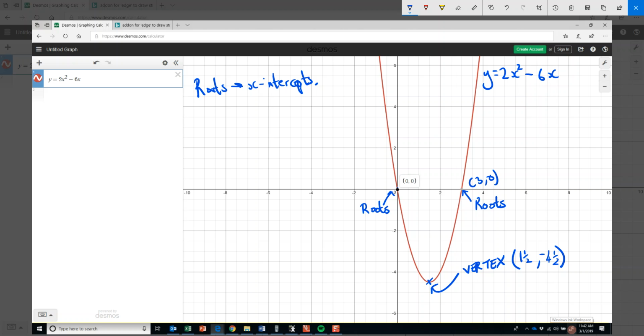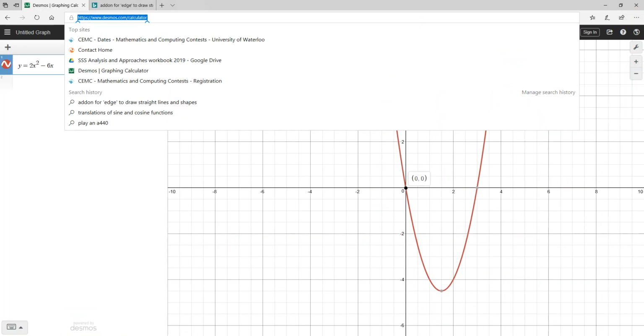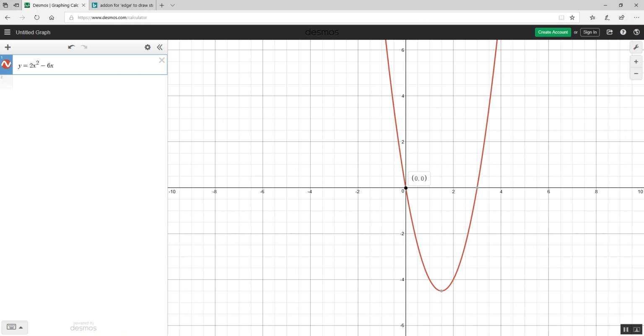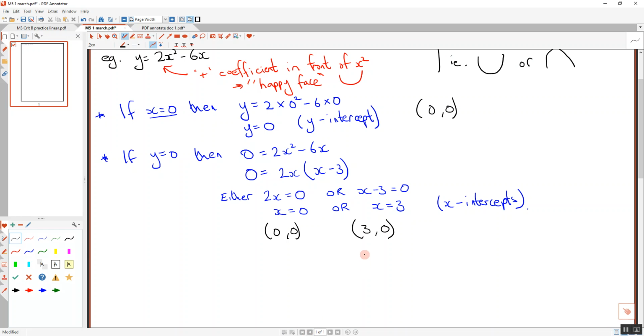Okay, can I get rid of this screen? So this is the original equation that we started with, the very first equation. So let's go back to here.